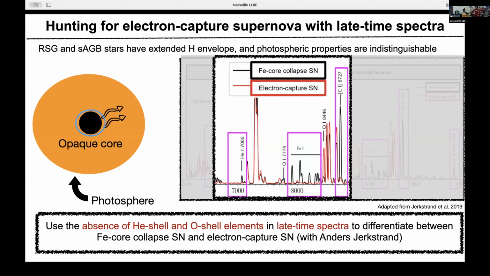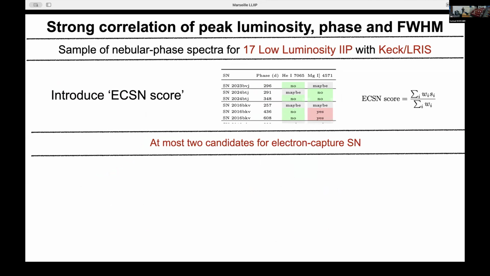Motivated by this, I had a program with Keck to get a systematic sample of low luminosity type 2p late time spectra, and we got 17 supernovae with late time spectra. We then wanted to assign how likely it is to be an electron capture based on the absence and presence of some of the helium and oxygen shell elements I just talked about in the last slide.